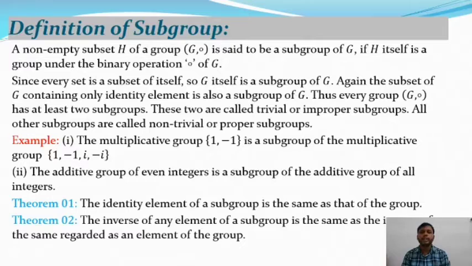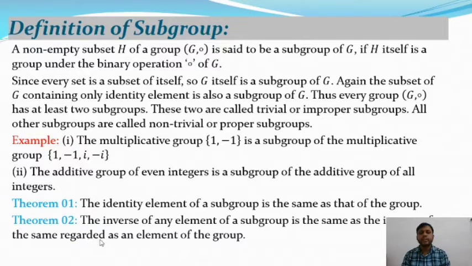That means the identity element of a group G is also the identity element of the subgroup H. Okay, so identity elements are the same in both cases, and the inverse of any element of a subgroup is the same as the inverse of the same regarded as an element of the group. So let a inverse be the inverse of element a in G, then it is also the inverse of the element in H, where H is a subset of G.